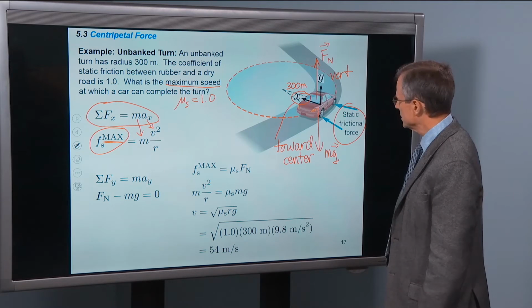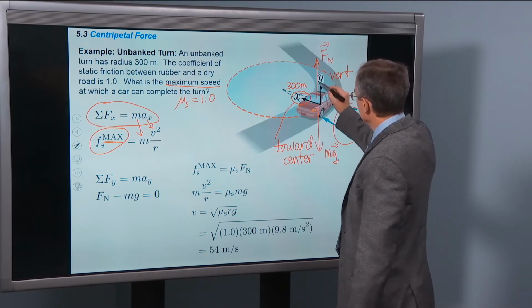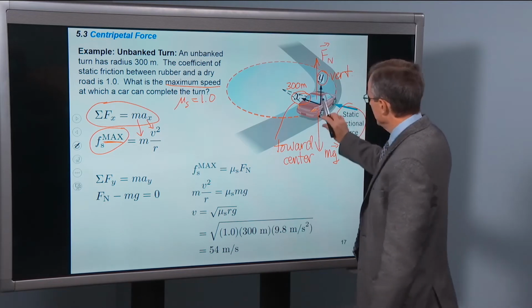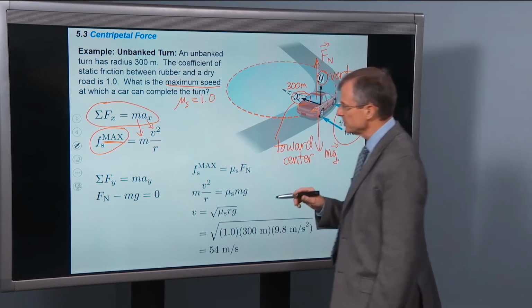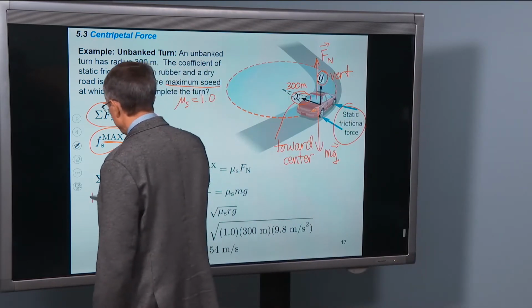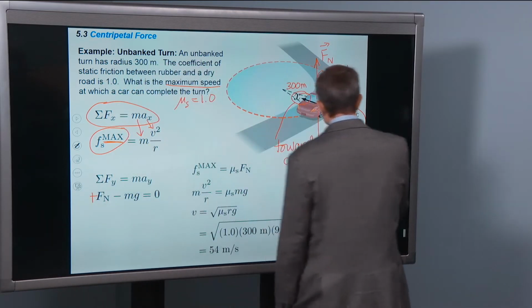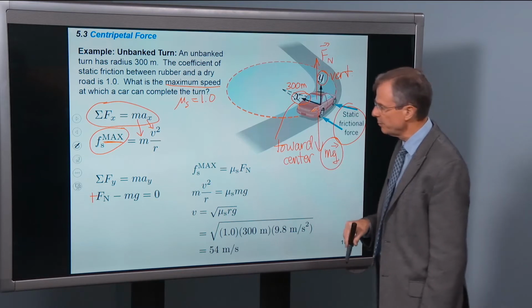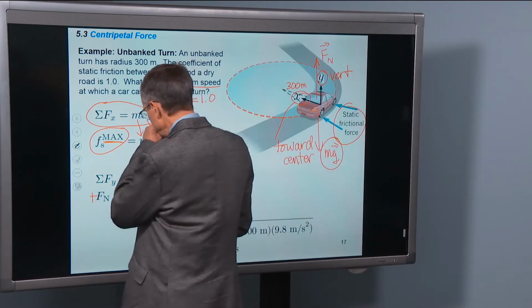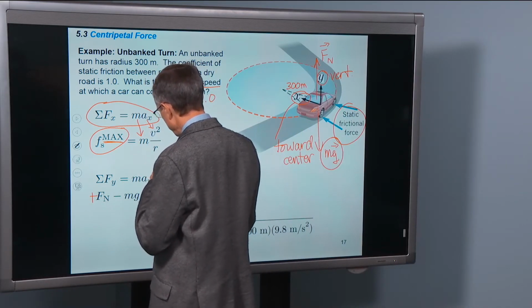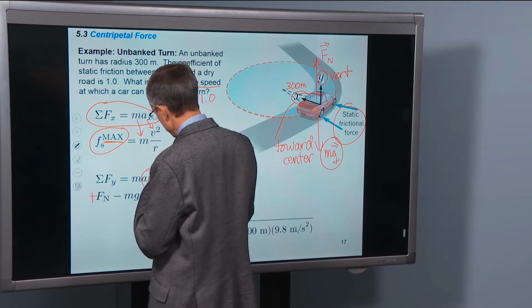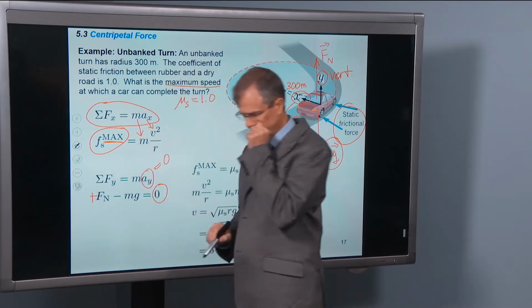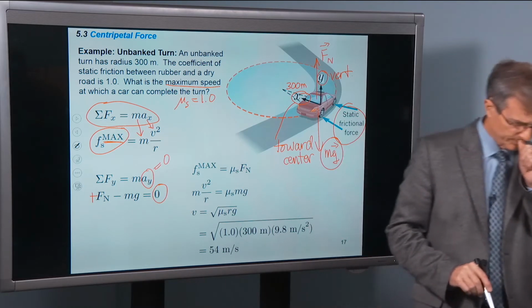Just those two forces in the vertical direction. The y direction we're taking to be vertically upward. The normal force is in that same direction, so we put it in with a plus sign. But the weight of the car points in the minus y direction, so we put it in with a negative sign. And then we're claiming that on the right-hand side, the acceleration in the y direction equals 0.